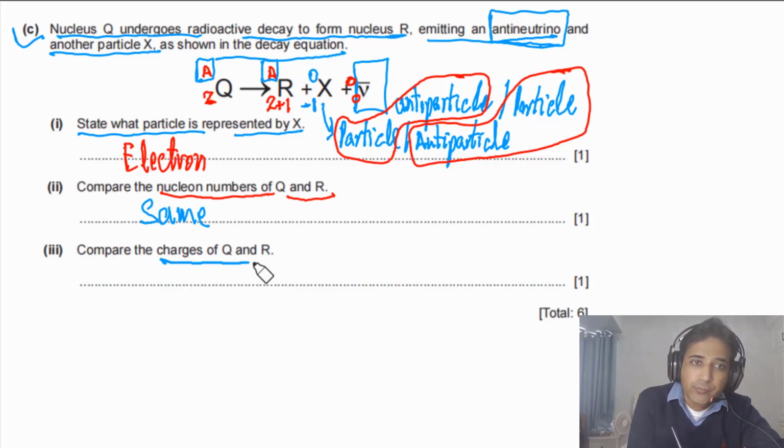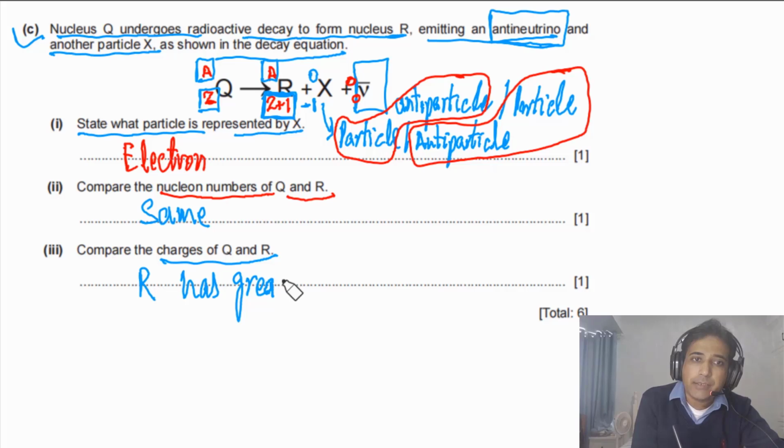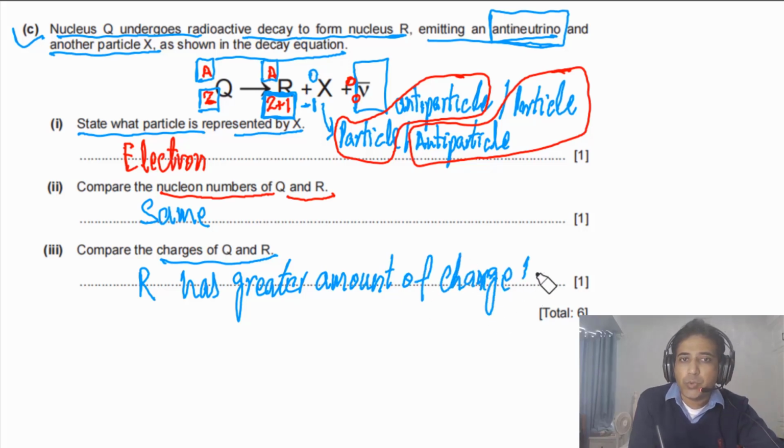Compare the charges of Q and R. Charge on this one is Z and charge on this one is Z plus 1. Meaning charge on this nucleus is Z plus 1. So it means R has a greater amount of charge than Q. So this is how you need to answer.